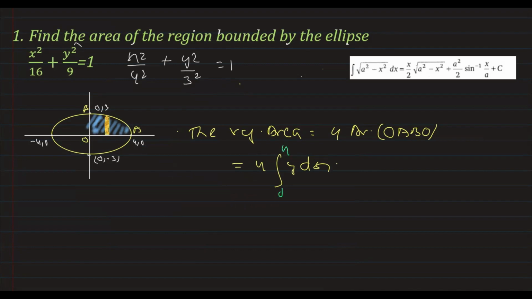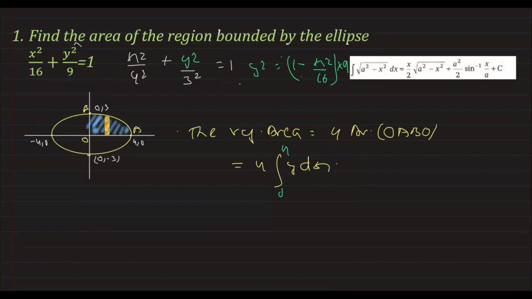Now next, once you have written this, we are going to isolate y from here. So what I'm going to do is to transpose. So it comes as what on transposing? This is 1 minus x square over 16, multiplied by 9. Right, this 9.